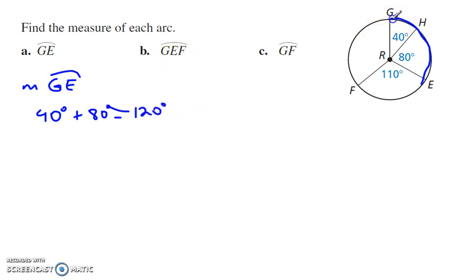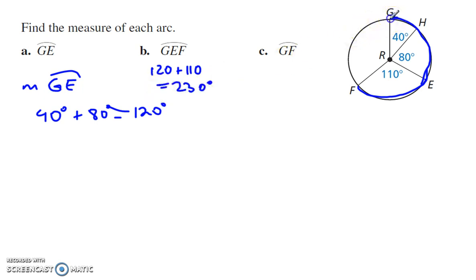GEF, so we're going from G to E to F. So we keep going right here. That's GE plus EF, so that's 120 plus 110, and that is 230 degrees.